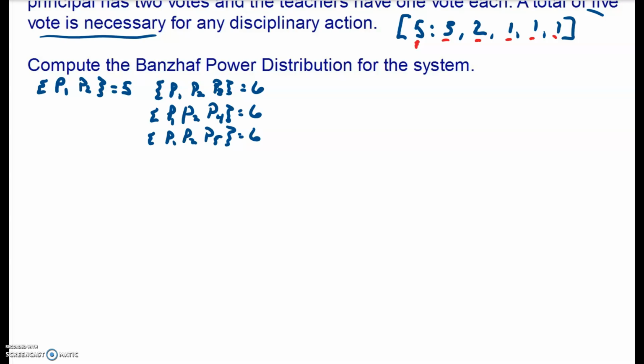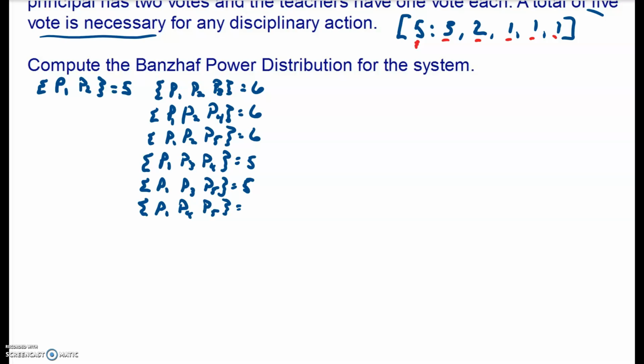In addition, I could do player 1, not player 2, but player 3 and player 4. Player 1 has 3 votes, and 3 and 4 each have 1, so that gives me a total of 5 votes. I could also do player 1, player 3, player 5 for a total of 5 votes. I could also do player 1, player 4, and player 5 for a total of 5 votes. So those are all the 3-member coalitions that would pass.